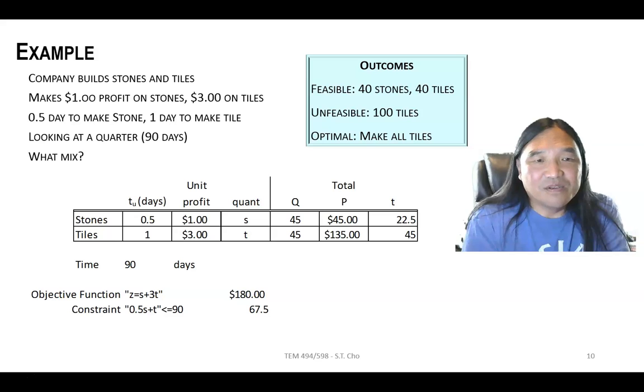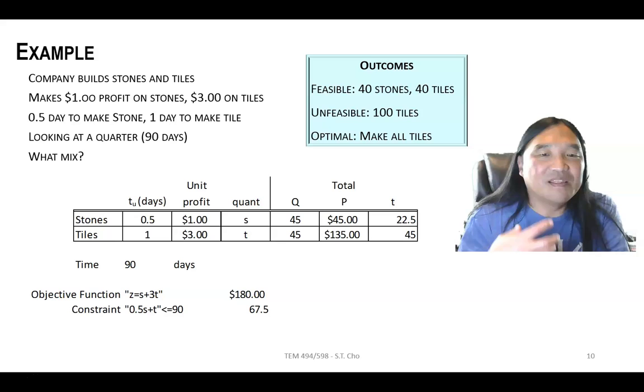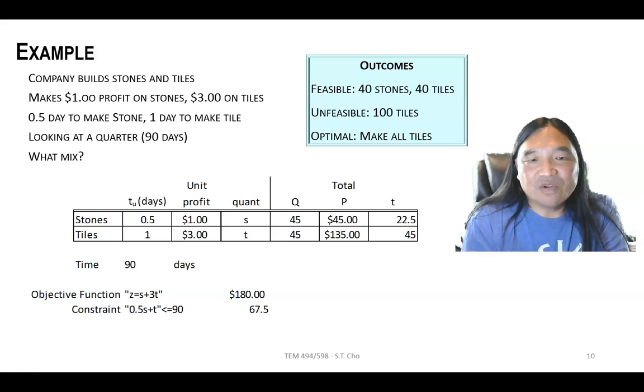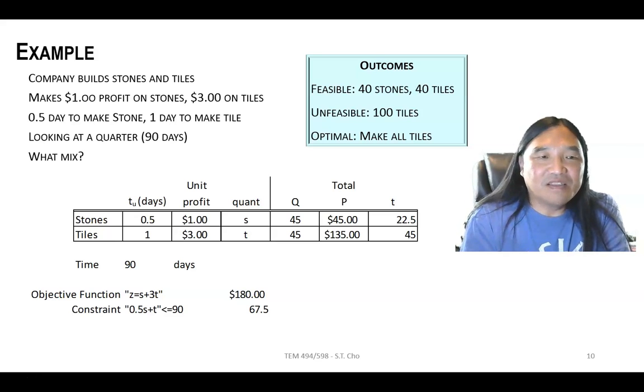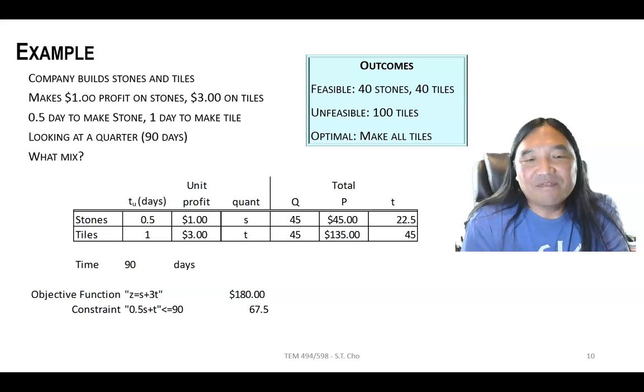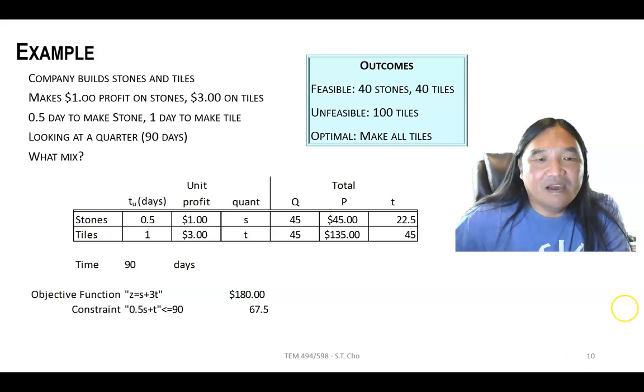And so what I do is I think about how many days, the profit, and the quantity. And so what are my constraints? My constraints are how much time I have. Based on the number of stone tiles I make, it's a half S plus T, which has to be less than 90 because it's 90 days. And what's my objective?